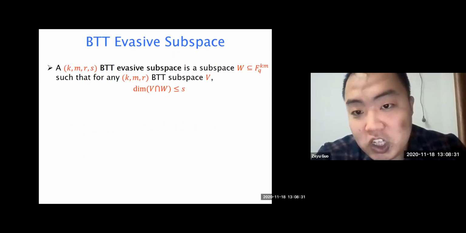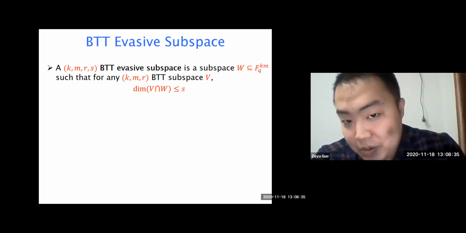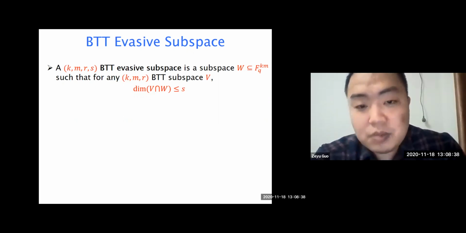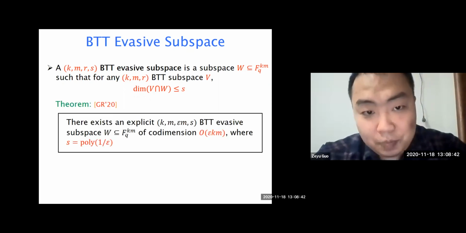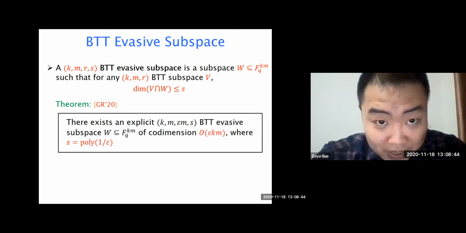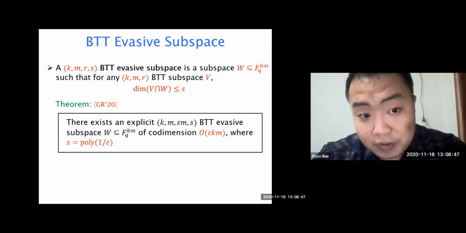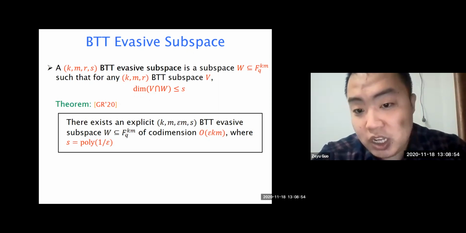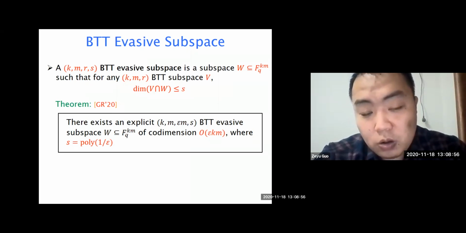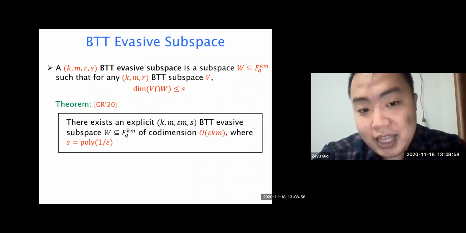So here's the formal definition. It's a subspace such that for any BTT subspace, the intersection is small, bounded by a parameter S. We want to construct an explicit BTT evasive subspace, and here's what we can achieve. We show that there exists an explicit BTT evasive subspace such that the codimension is small. The dimension of the ambient space is k times m, and our BTT evasive subspace has codimension epsilon times km.